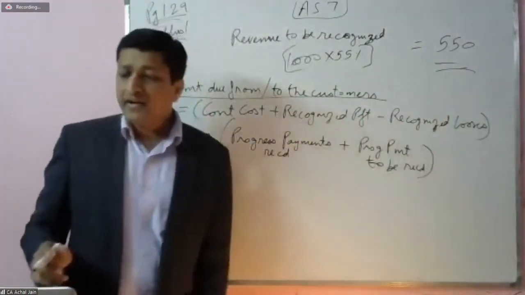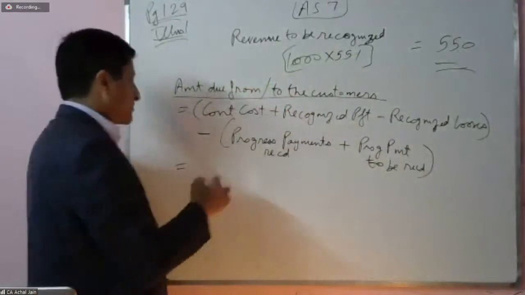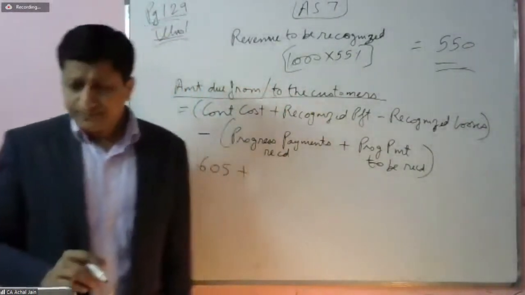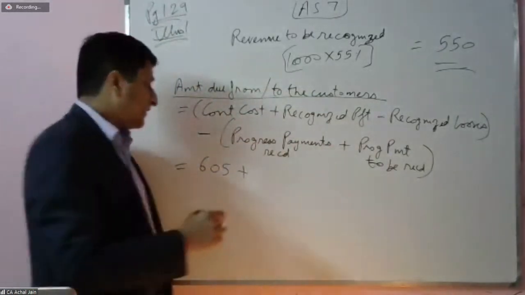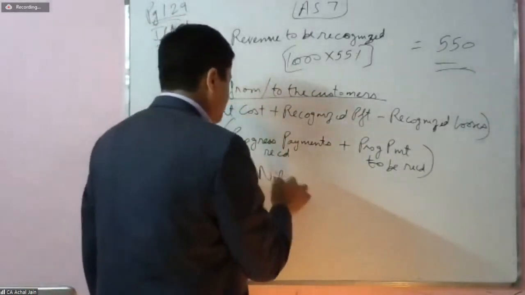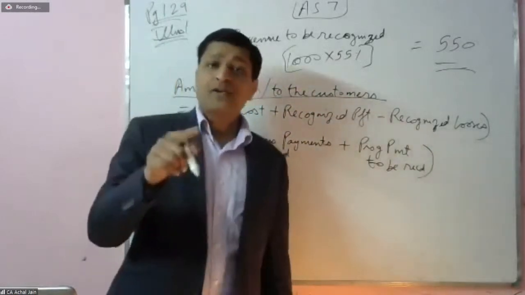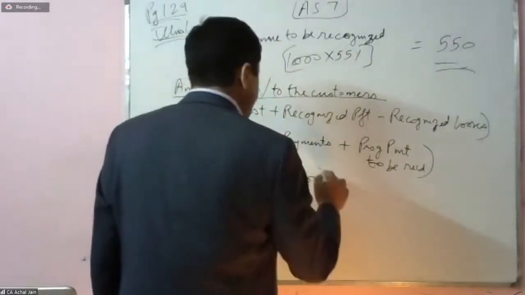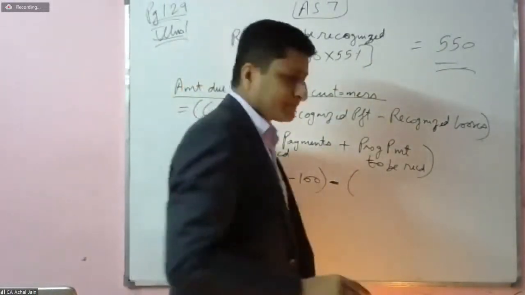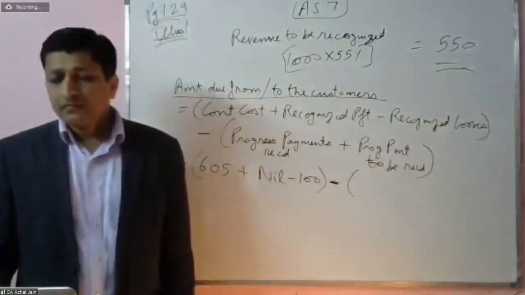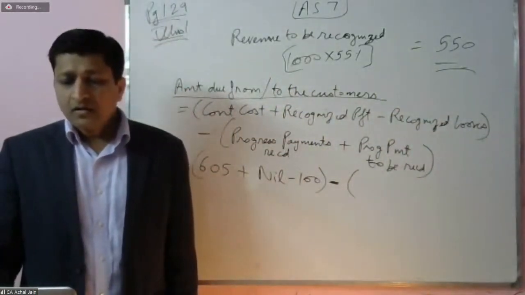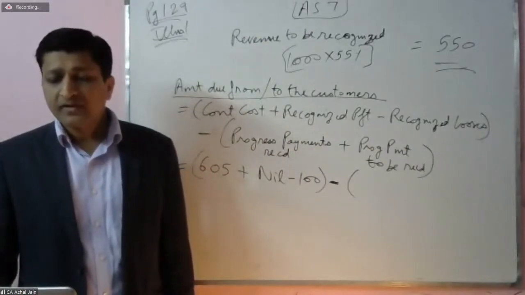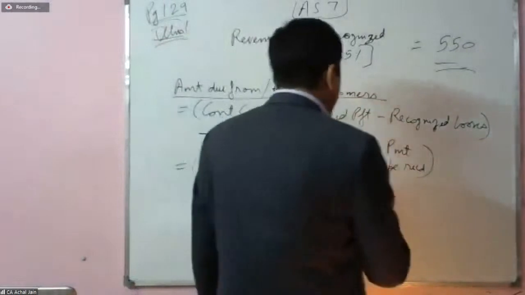Okay, so what do we find now? Contract cost which is incurred is 605. There is no profit in the current year, it's nil. But we know that the total contract loss which has been recognized is 100, minus progress payments which have been received and to be received, 400 and 140.